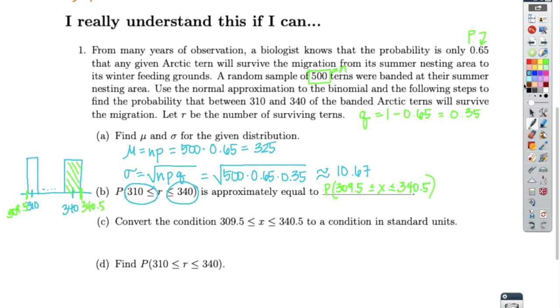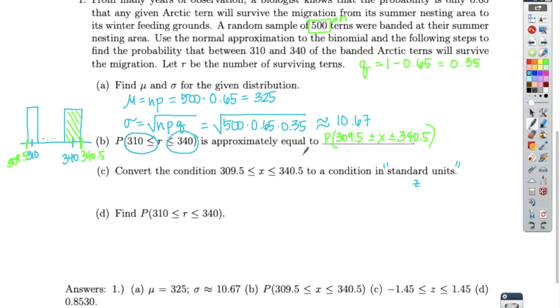condition in standard units. When someone says standard units, that means z. Convert these x's to z-scores. Okay, so I'll do that using our favorite formula, z equals x minus mu over sigma. It's nice because in part A, we found mu and sigma. So we have those values.